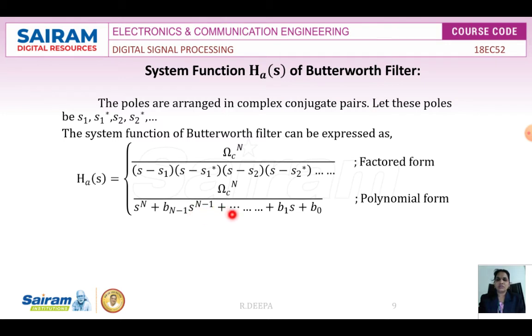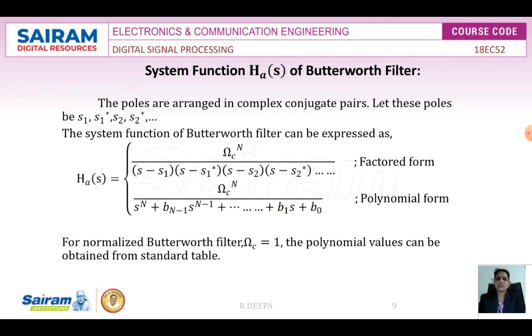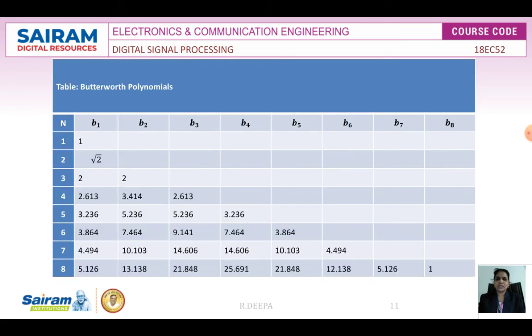In polynomial form, you can write HA of S as omega C power of n divided by S power of n plus B(n minus 1) S power of n minus 1, and it goes on up to B1 S plus B0. For any normalized filter, we can consider the cutoff frequency as 1, and the other values you can take from the tabular column.